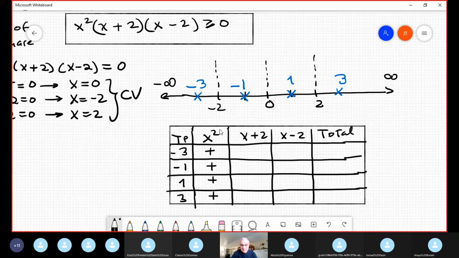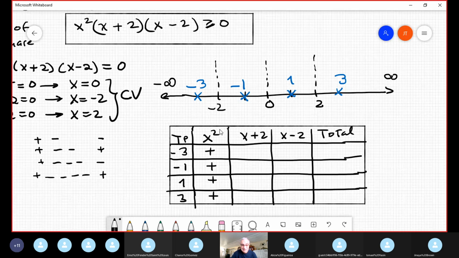The total sign is defined just by the negatives. One negative is negative, two negatives is positive, three negatives is negative, four negatives is positive, and so on. So the positive is not important.